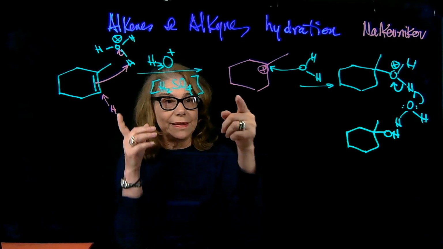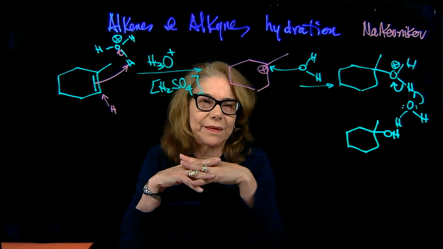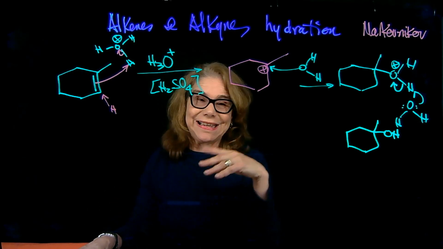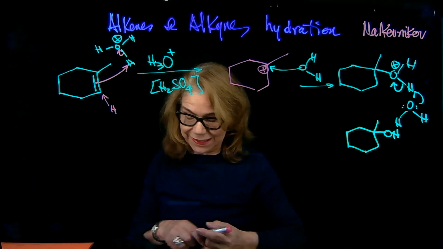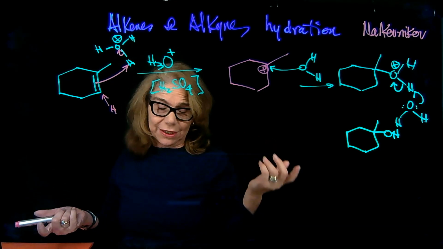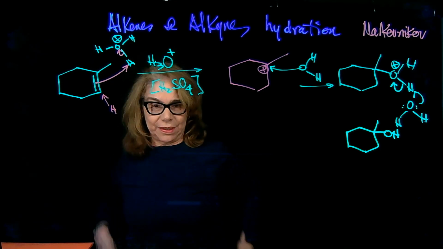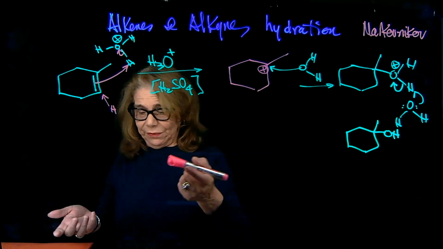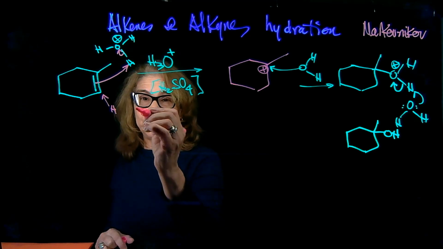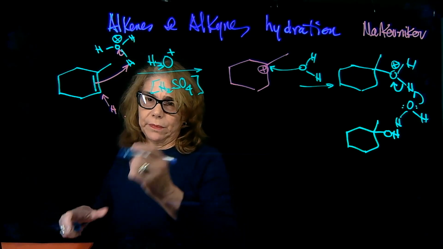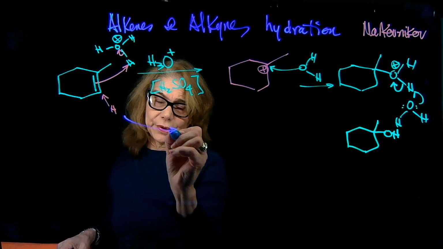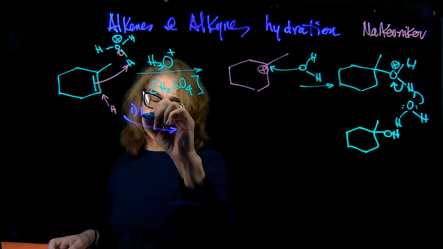These are common intermediates also in the SN1 and the E1 reactions, but here they are in the hydrohalogenation and hydration Markovnikov. So the reaction that we're going to be using to prevent rearrangements is oxymercuration, demercuration. This is the reagent that you would see.